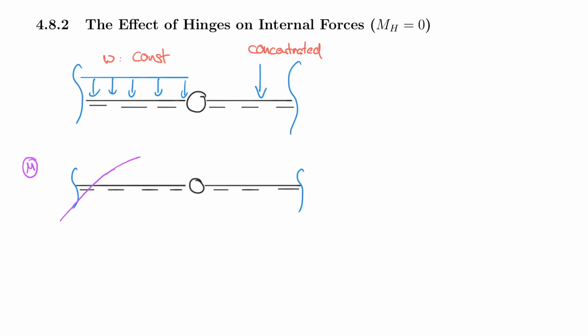And so it goes somewhere, has a maximum, and then it has to pass through zero here. And then, because on the right side of the hinge now, the shear force would be a constant, the moment diagram must be linear. And technically the slope at the hinge continues, right?